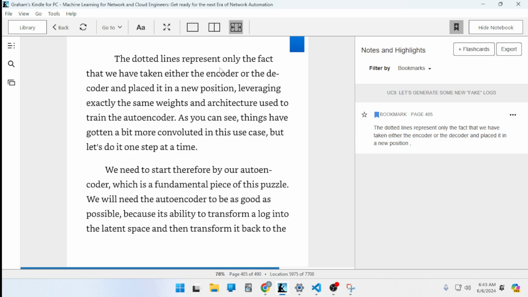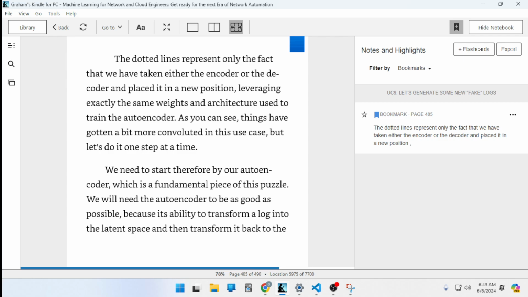Yeah, so the dotted lines represent only the fact that we have taken either the encoder or the decoder and placed it in a new position, leveraging exactly the same weights and architecture used to train the autoencoder. As you can see, things have gotten a bit more convoluted in this use case, but let's do it one step at a time.